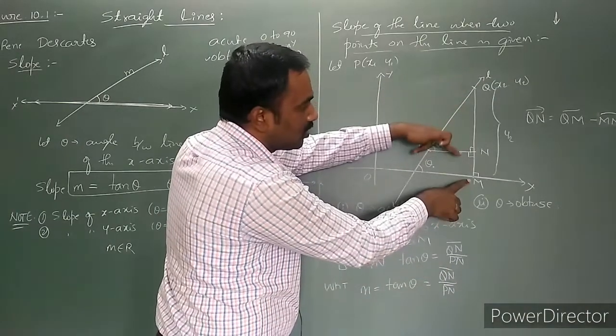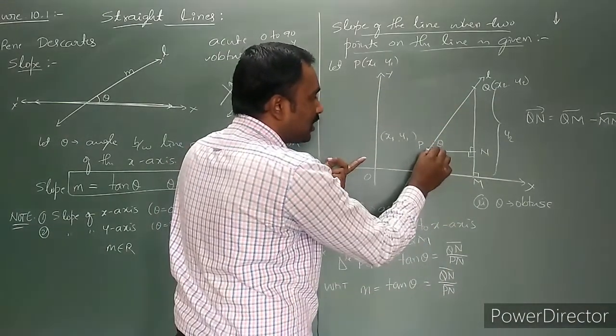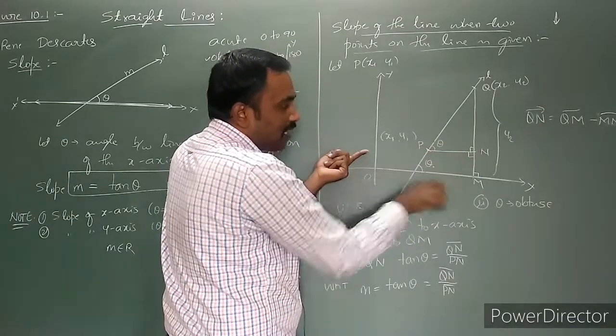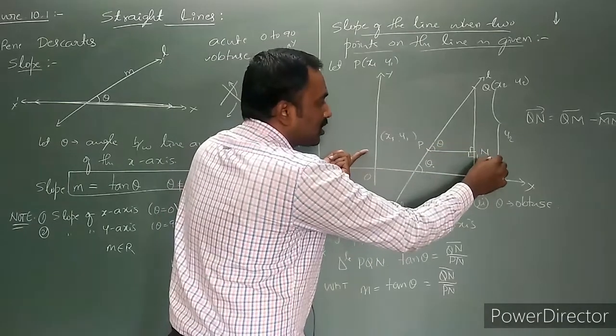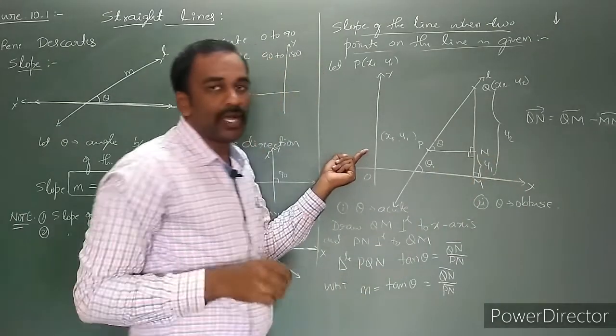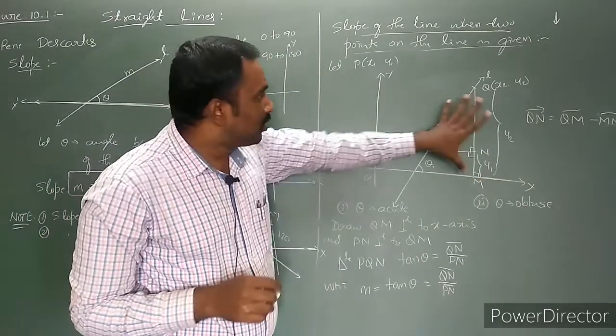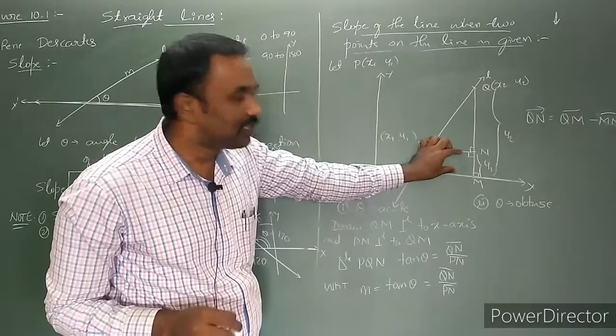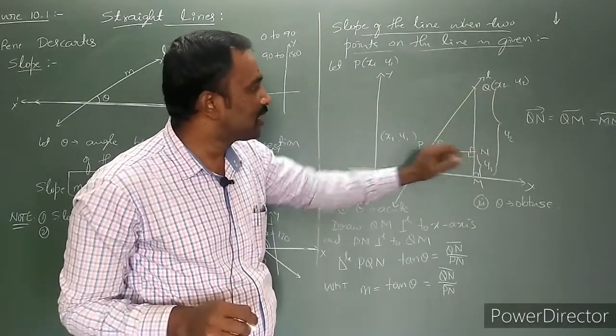QM minus NM. What is NM? NM is nothing but the P coordinate we already know. PN is parallel to the x-axis. What about this distance? This distance is y1. Are you following? This distance is required: the whole distance minus this distance.